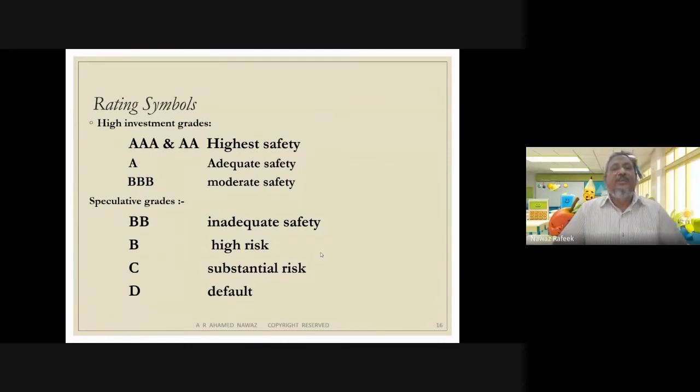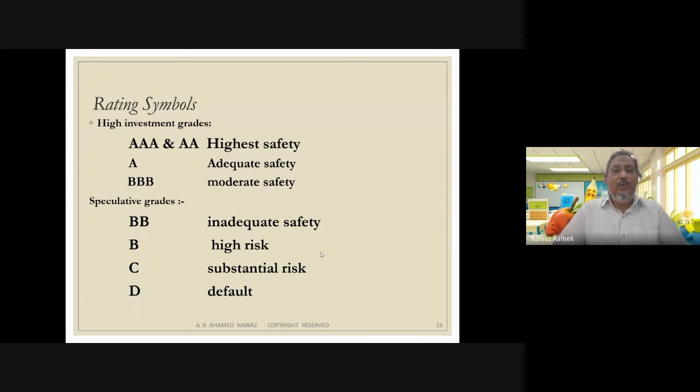This is very common for us. AAA and AA indicate highest safety, high investment grades: triple A and double A, highest safety. If a rating company has given triple A or double A, that indicates the company is of highest safety for finance. Single A means the company is adequately safe.